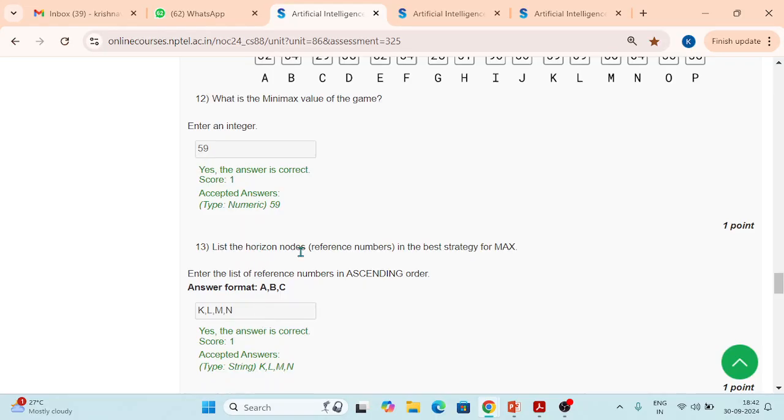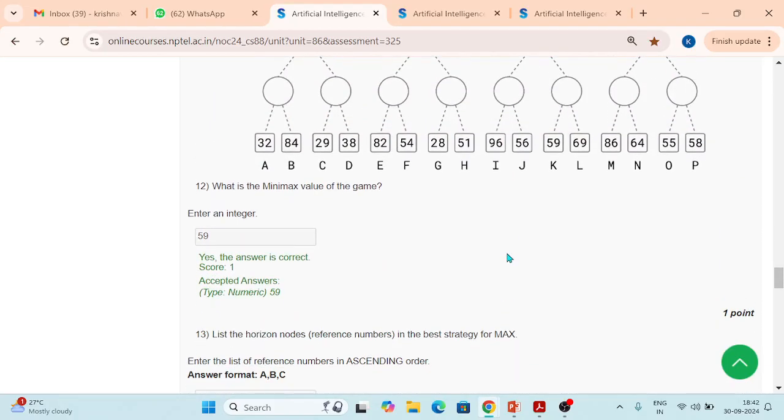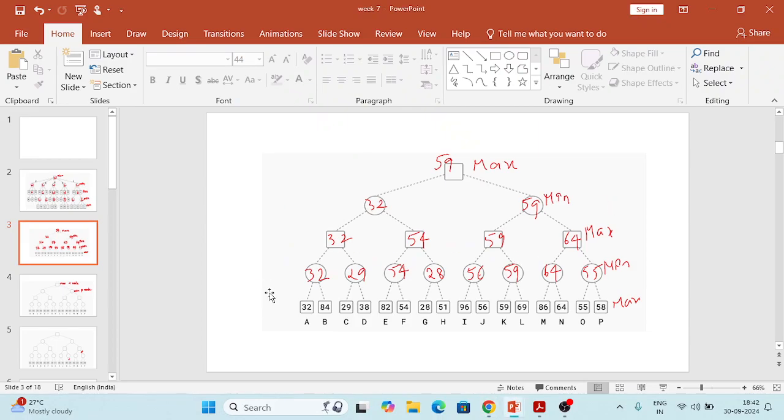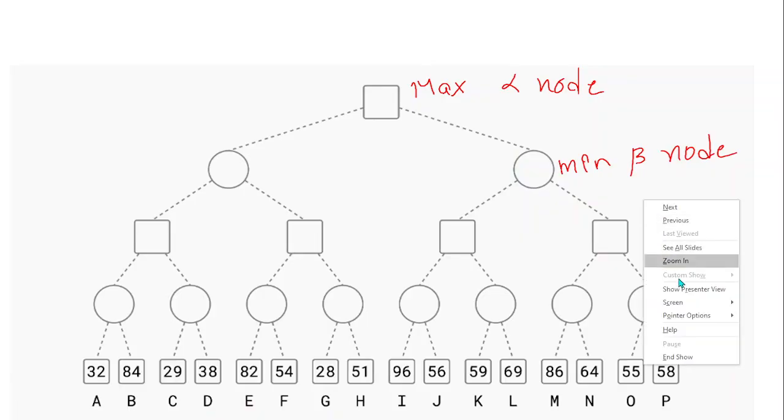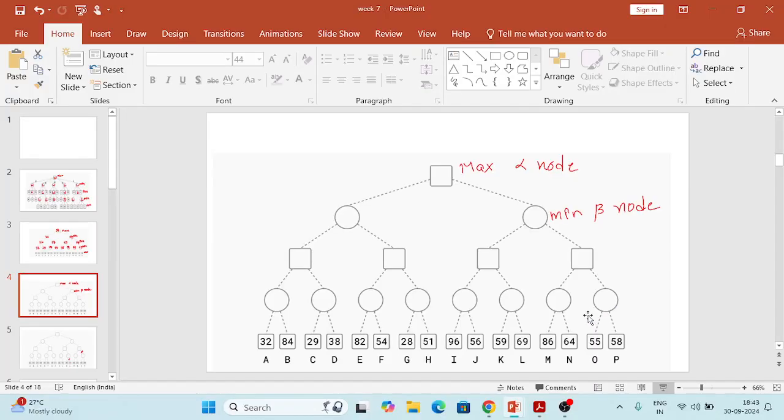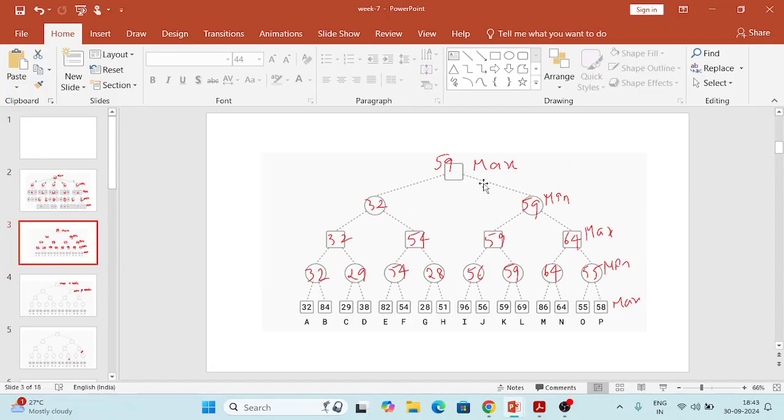Okay, list the horizon nodes in the best strategy for the max. Whenever we have to write the horizon nodes, we got the 59 value here, so see this value 59.